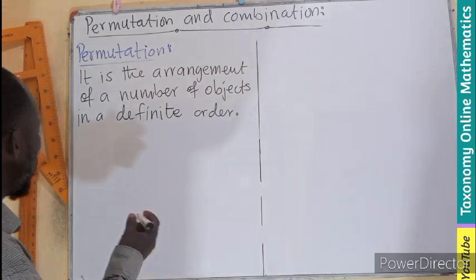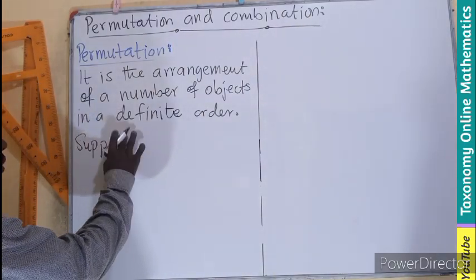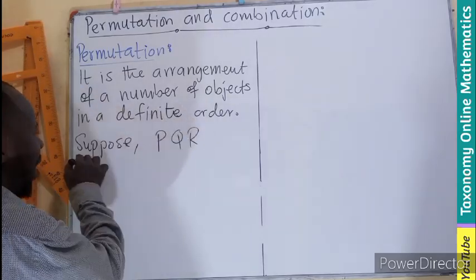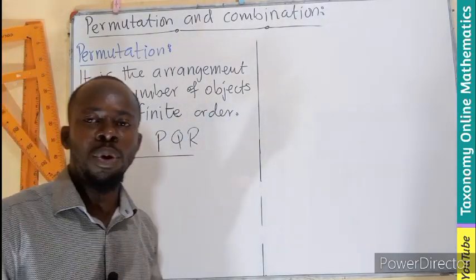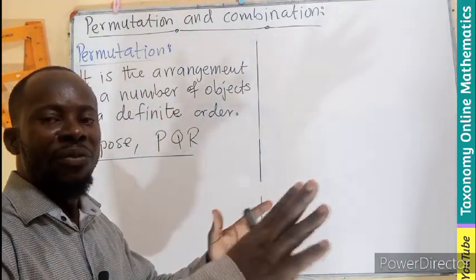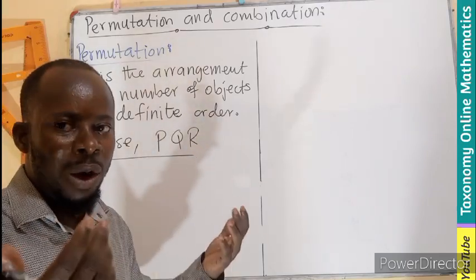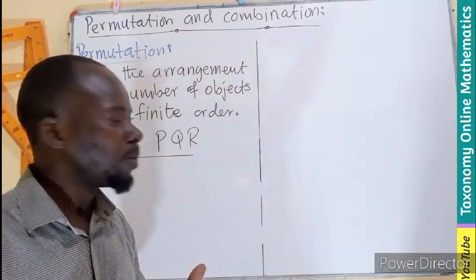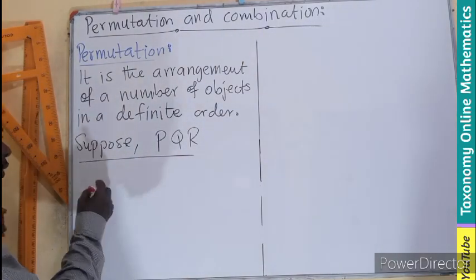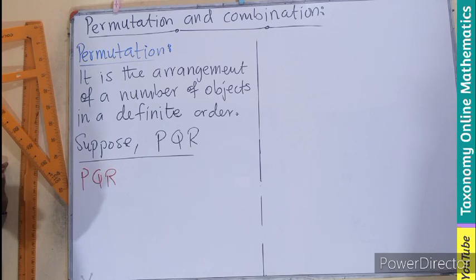So let's suppose we have P, Q, R as 3 letters that we want to arrange. Arrangement of these objects in some definite order. What are the various possible ways by which we can arrange those letters? So for example, the first arrangement will be PQR, that's one arrangement, right?